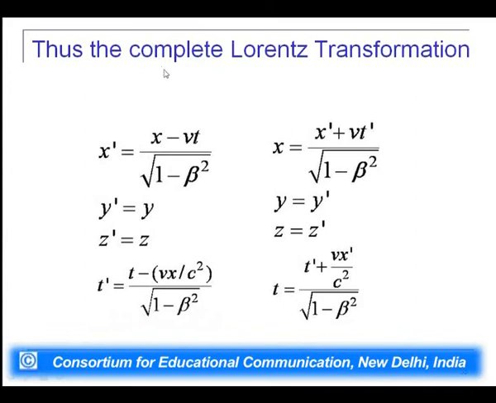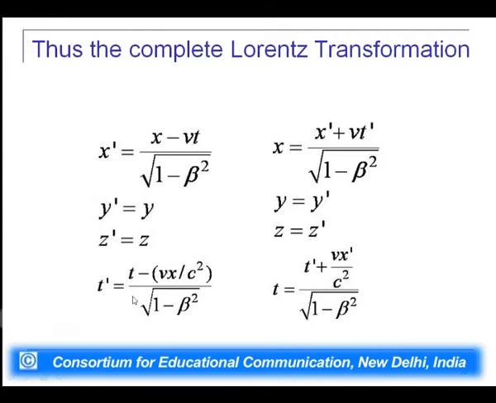Then the complete Lorentz transformation for the moving frame as well as the static frame. These transformations are for the static frame and these for the moving frame. This is for K dash and this is for the frame K. The value of x dash is equal to x minus vt divided by the square root of 1 minus beta square. Then y dash is equal to y, z dash is equal to z.